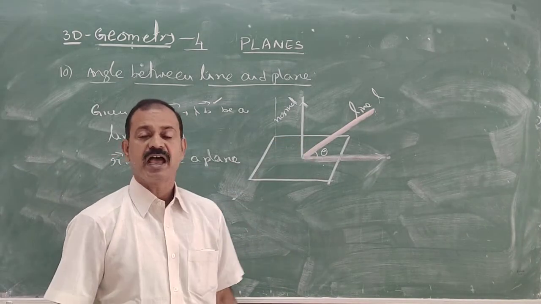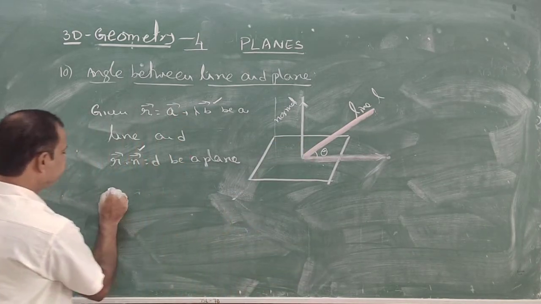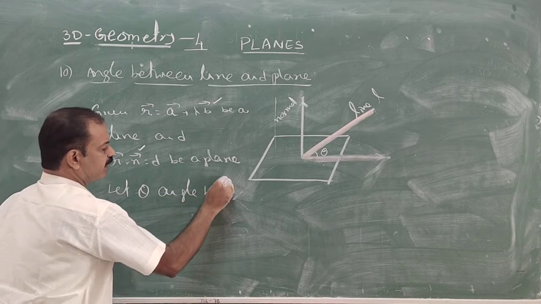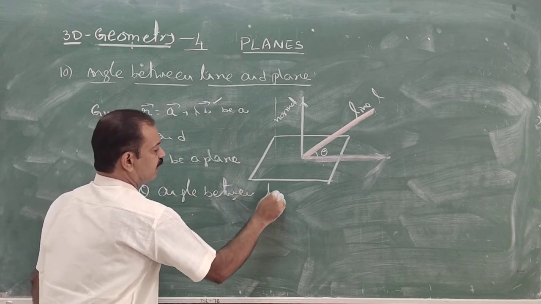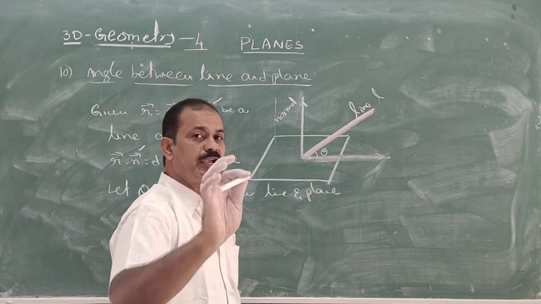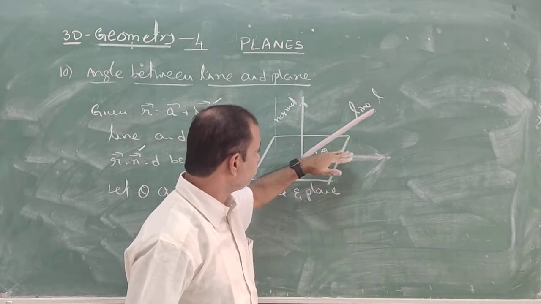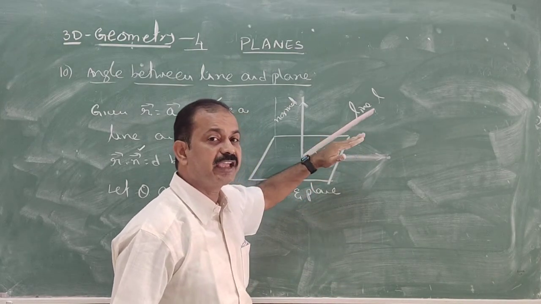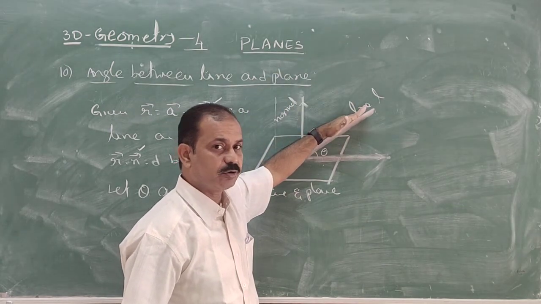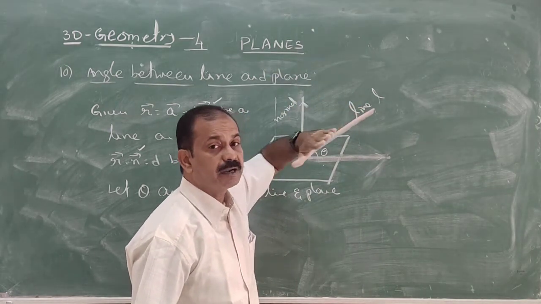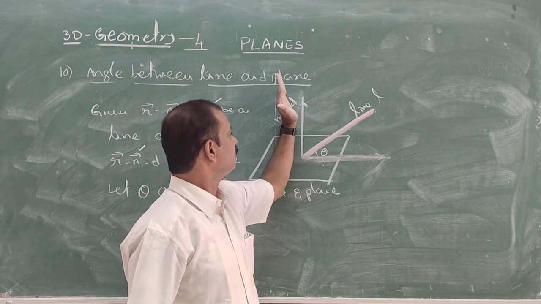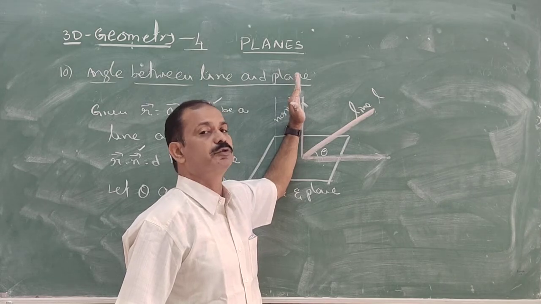Now, let me come to the angle. Let theta be the angle between line and plane. But we don't want the angle in the plane. We need the angle between the parallel vector, which lies on the straight line, and the perpendicular vector, which will not lie in the plane but is just perpendicular to the plane.